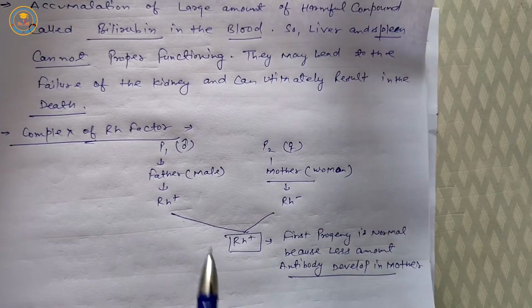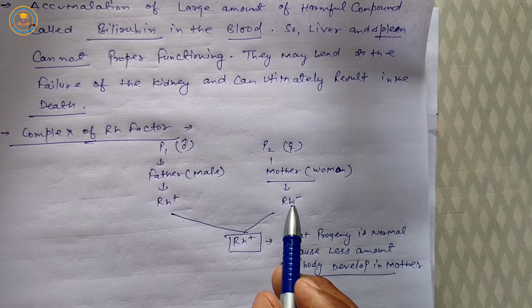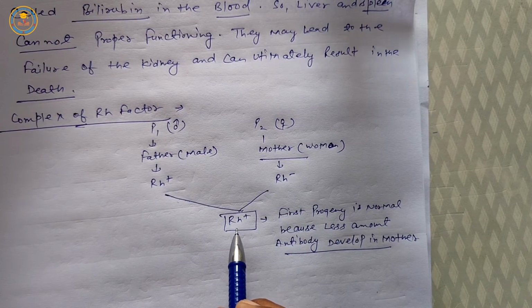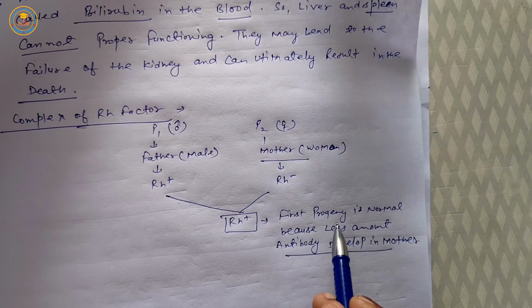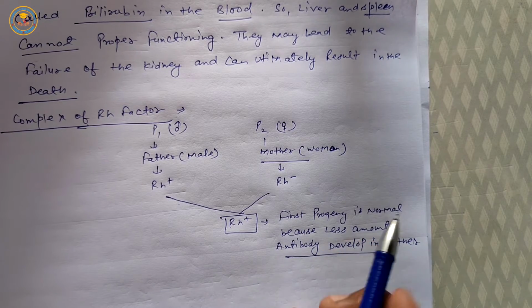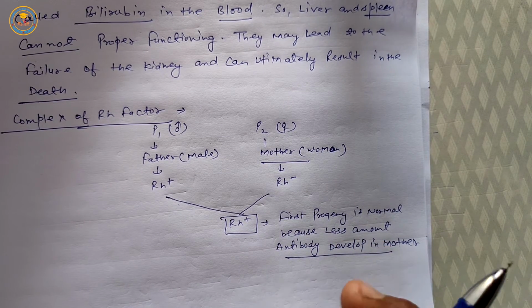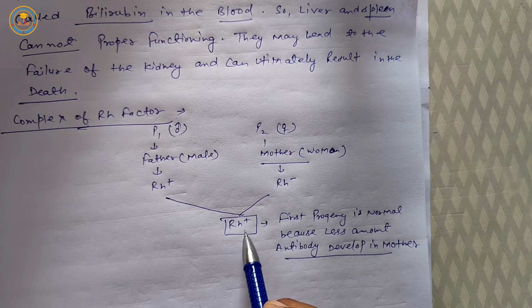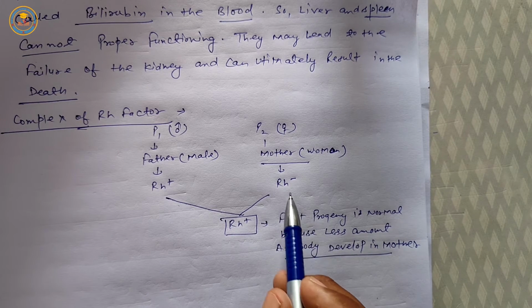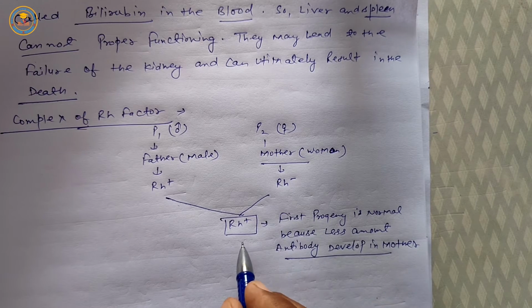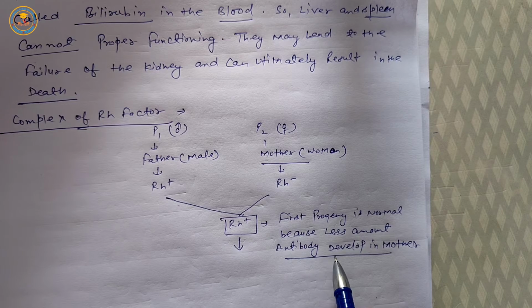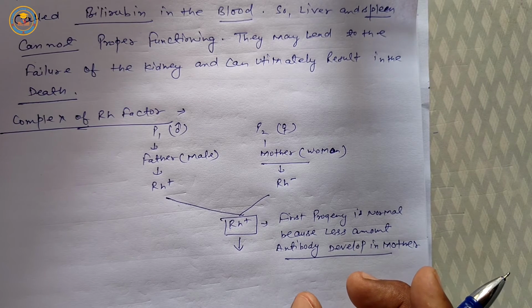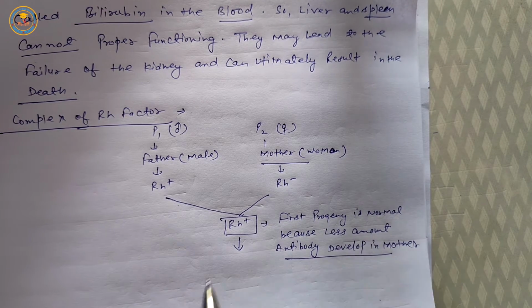Once again, if an RH positive male marries an RH negative woman and the first progeny is RH positive, the first progeny is normal because during parturition some amount of mother and progeny blood mixes up, so some antibody develops in the mother, but these antibodies develop in less amount, so there is no harmful effect on the first progeny.